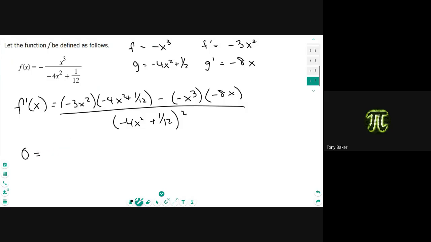So now, while I'm rewriting this, distribute things and let's see if we can clean this up a little. So I've got 12x to the fourth plus or minus 1/4 x squared plus or minus 8x to the fourth.